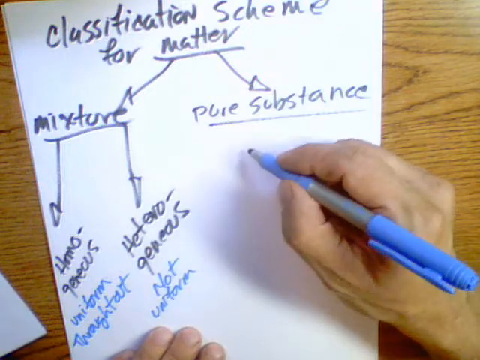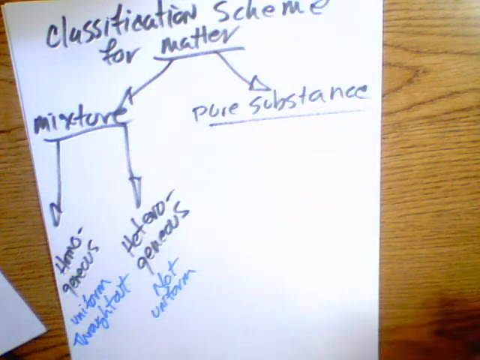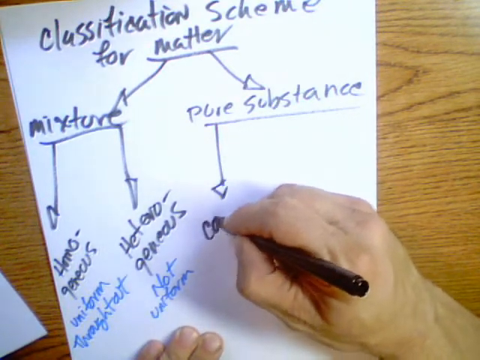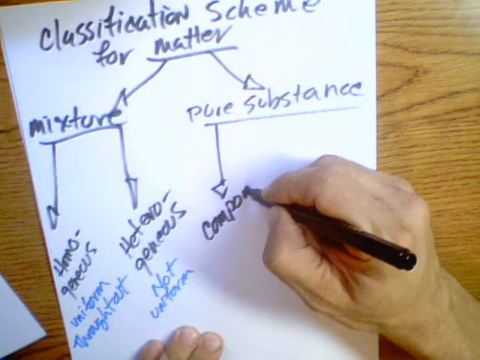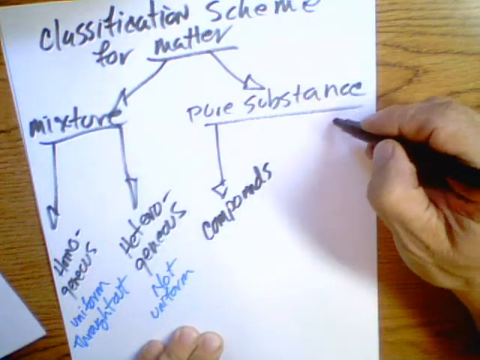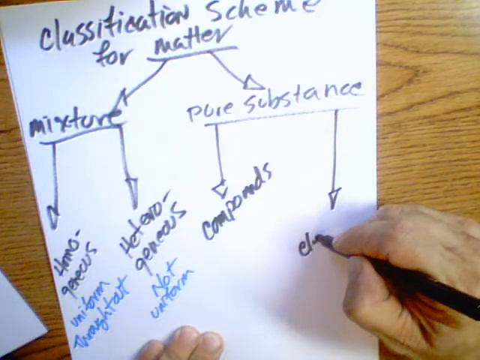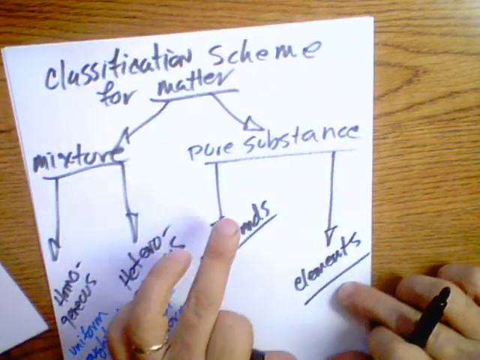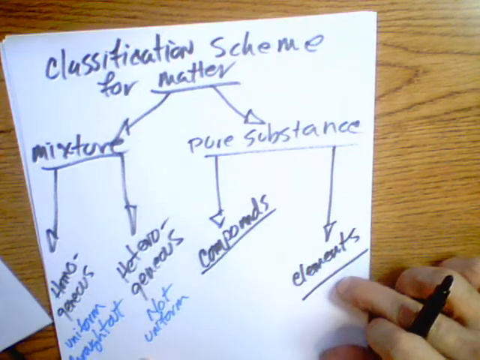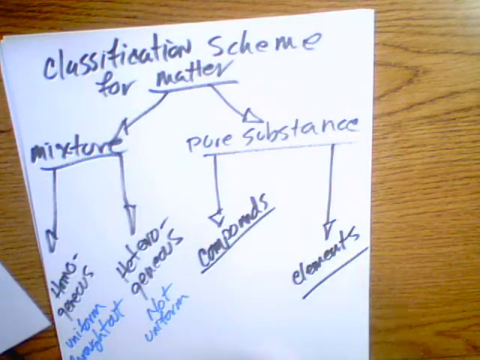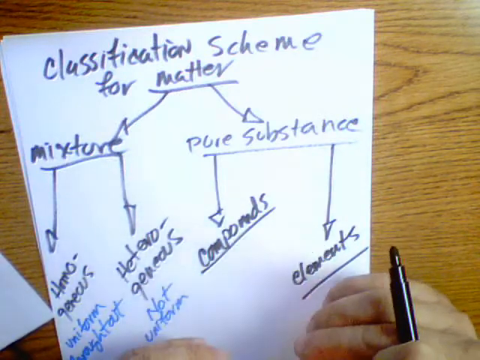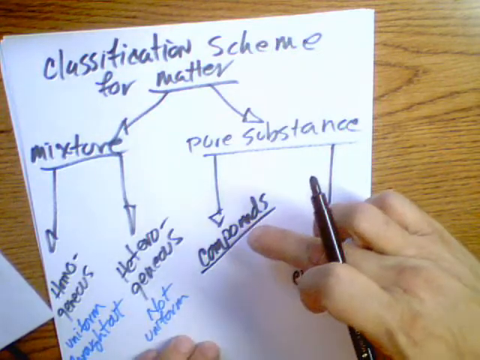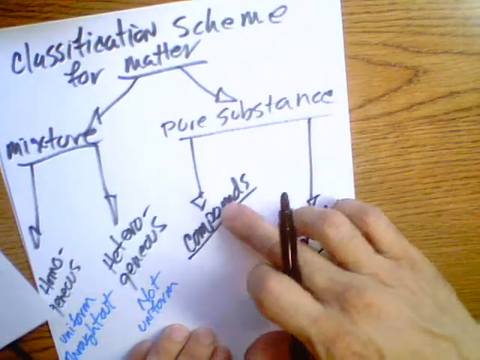Pure substances come in a couple of different varieties as well, and these are important terms for us to know. We have compounds and we have elements. Those are two different types of pure substances. As I said before, no matter where you sampled it, you would get an analysis that was the exact same proportion, and that's how you know it was a pure substance.